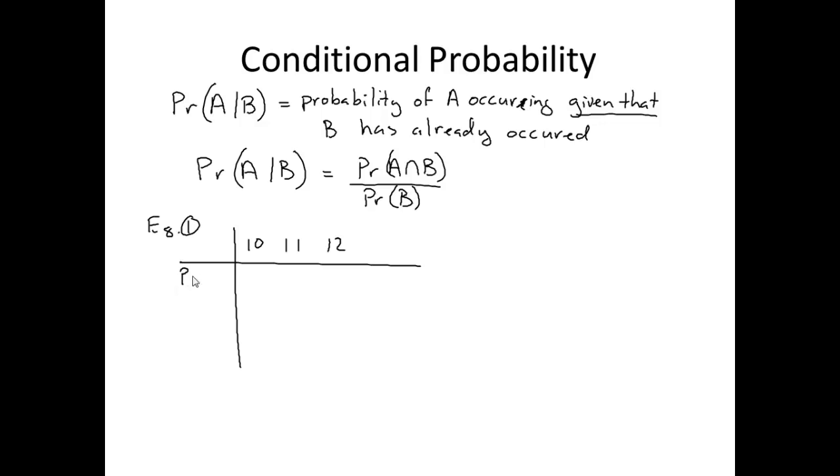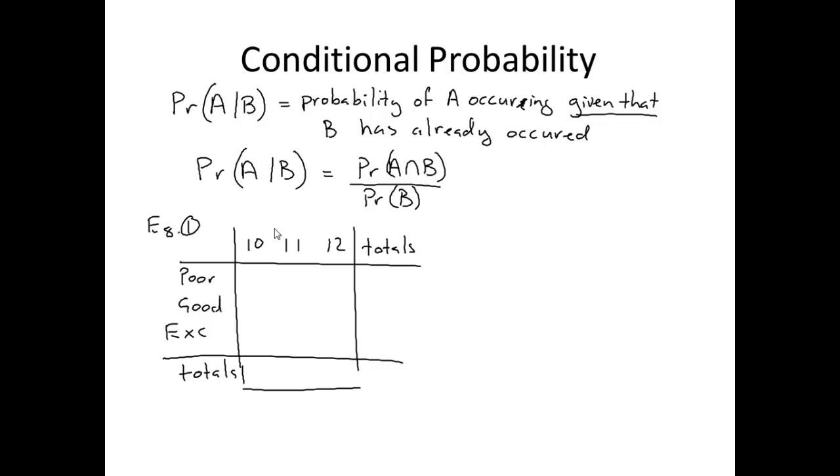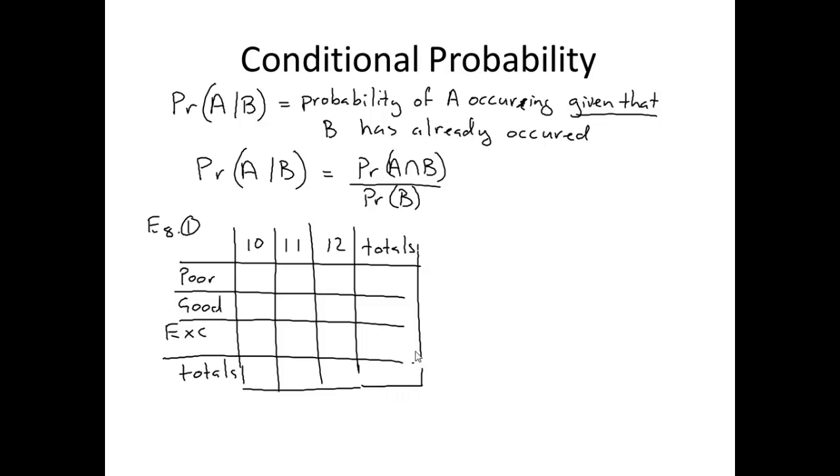We're going with poor, good, excellent, and we're going to have totals at either end. So let's fill in our values.